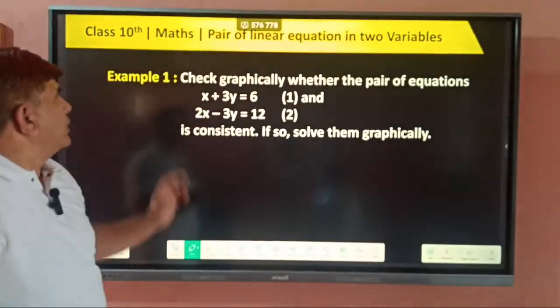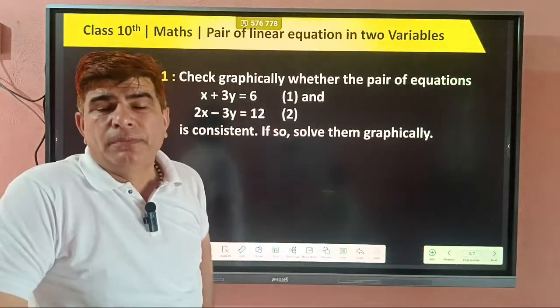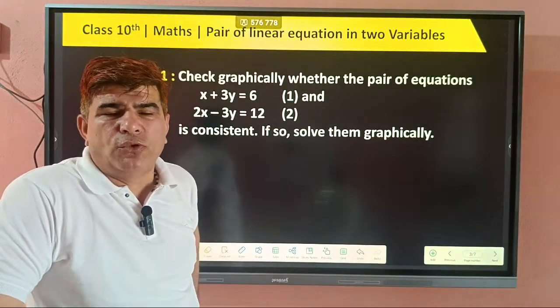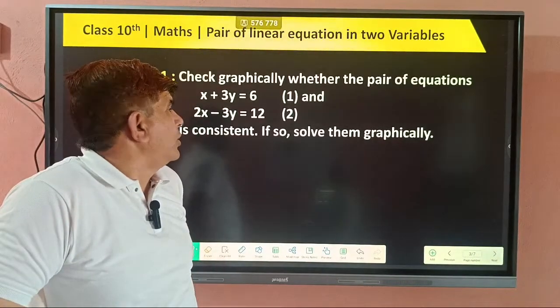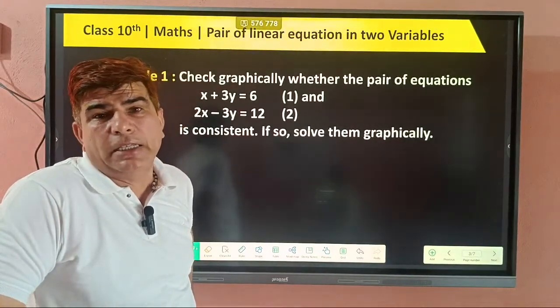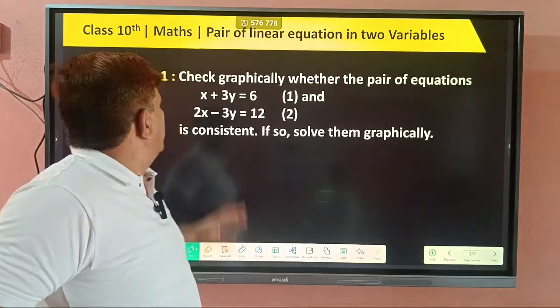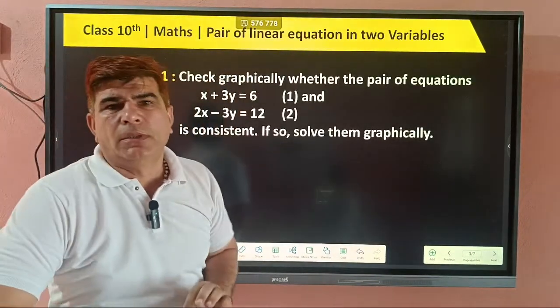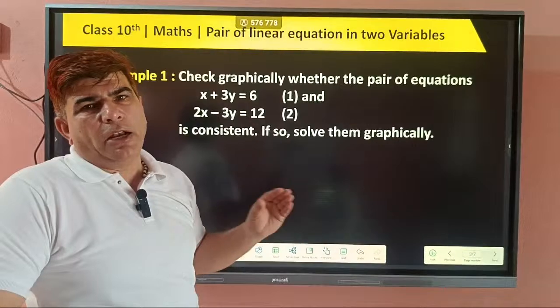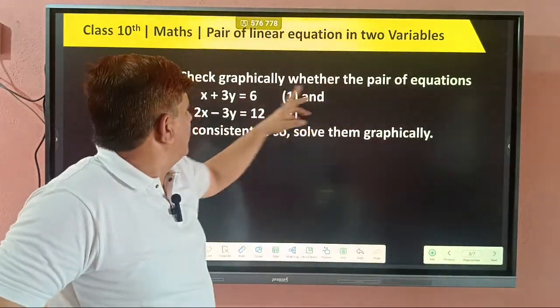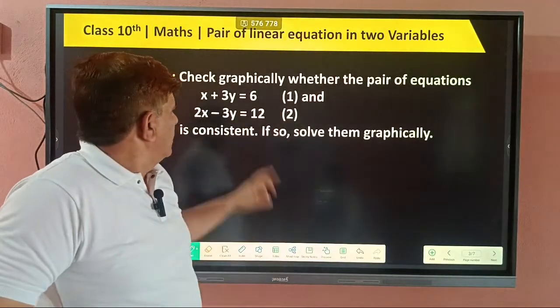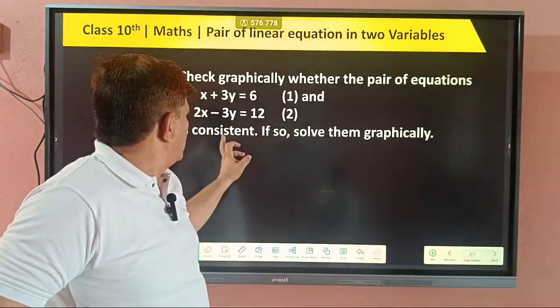Coming to Example number 1, which is given in the syllabus of Mathematics 2024-25, class 10th NCERT. Check whether the pair of equations, this and this, is consistent.